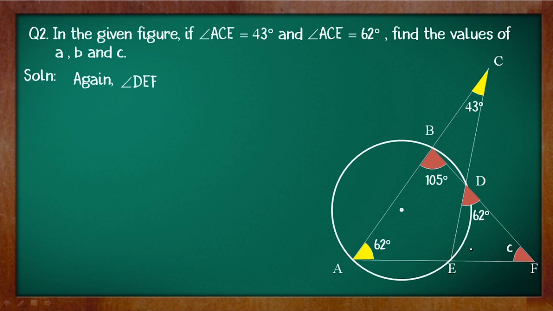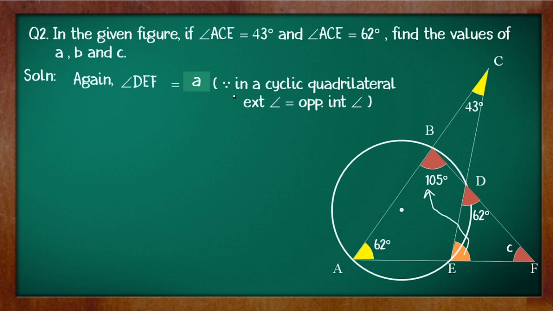This angle will be equal to the opposite interior angle, which is angle A. Since in a cyclic quadrilateral the external angle is equal to the opposite interior angle, what is the measurement of angle A? Angle A, we got it to be 105. So angle DEF will also be 105.